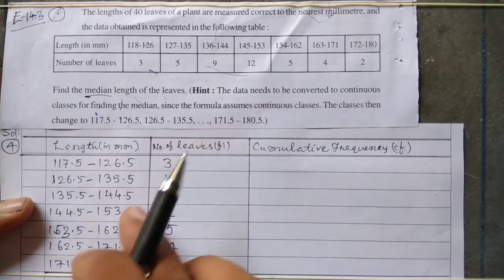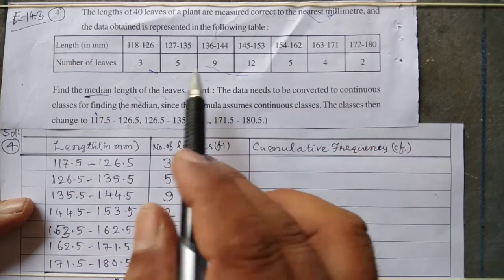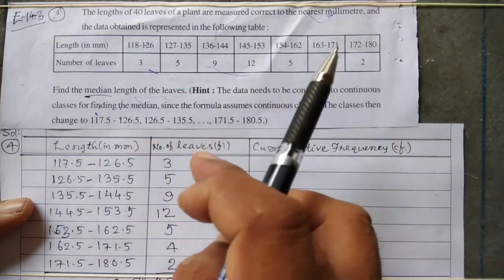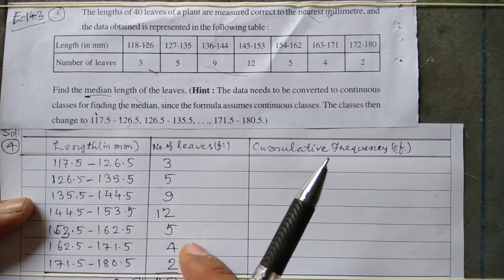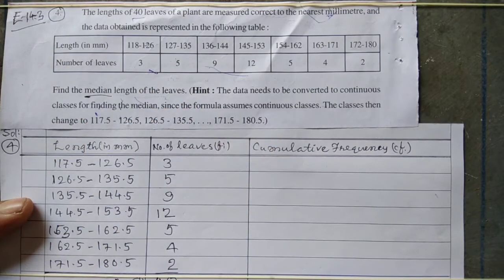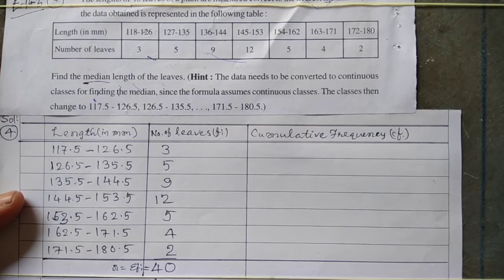We have prepared it like this. The number of leaves given in a row, we write in a column. Also, there are 40 leaves in total, so we mention the total number of leaves as 40.